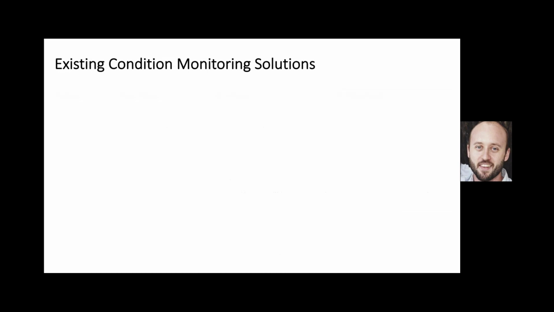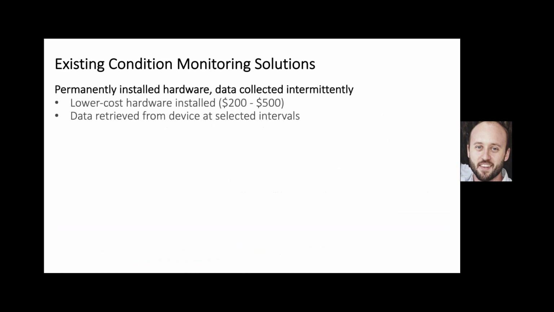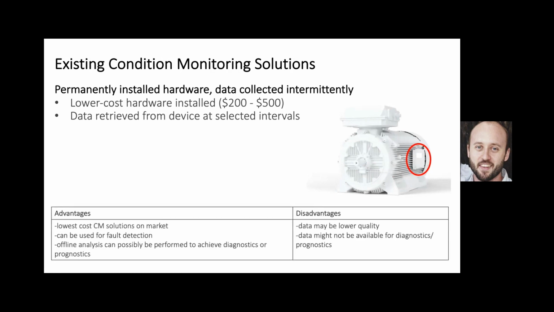So let's take a quick look at what some existing condition monitoring solutions look like for these 3 categories. So we do have some instances of permanently installed hardware with wireless solutions where data is collected intermittently. And this can be very advantageous because it's a low-cost condition monitoring solution.